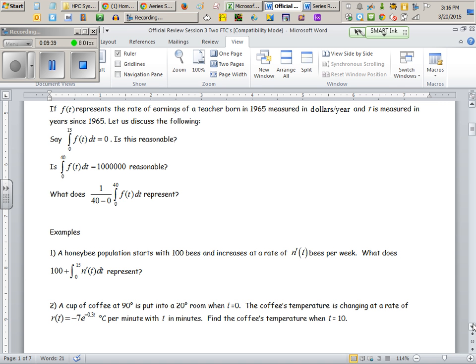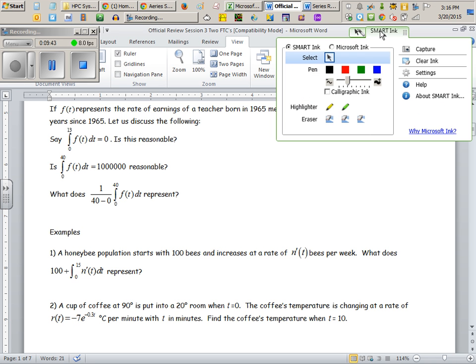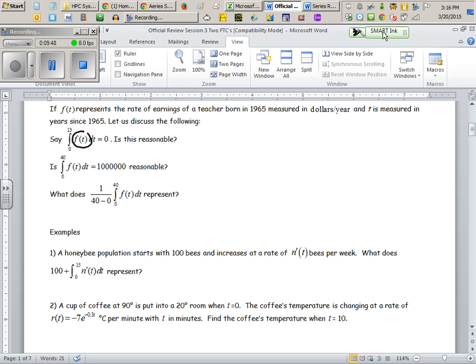He was actually thinking about the units before he tried to answer the question. That was a good idea. Alrighty. So what are the units of F here? Dollars per year, it's given, right? And then T is measured in years. Always check that.